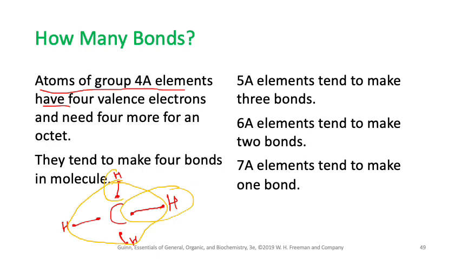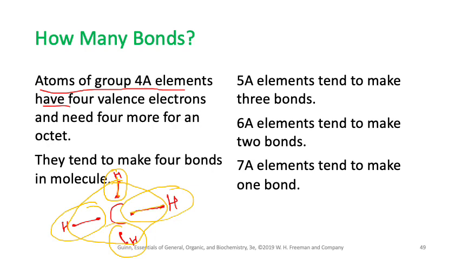So each atom is balanced. Each atom has a fully filled octet. So everyone is happy. So this is how you know how many bonds an element belonging to a particular group can make, right?